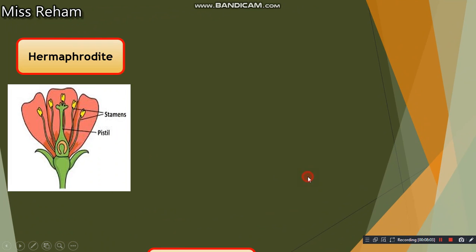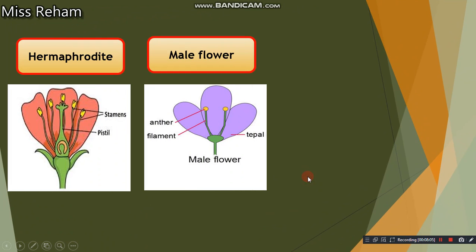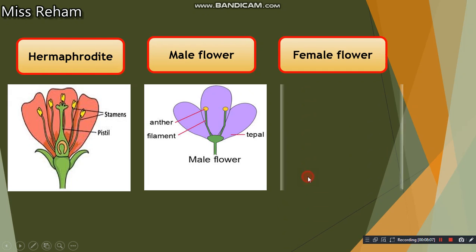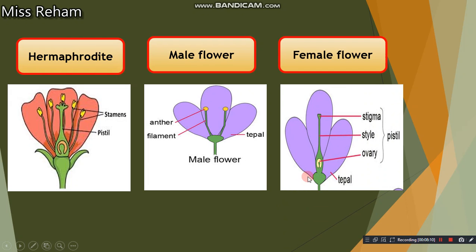Hermaphrodite flower, male flower, and female flower. These are the structures of 3 types of flowers. You must know them. Firstly, the hermaphrodite flower.